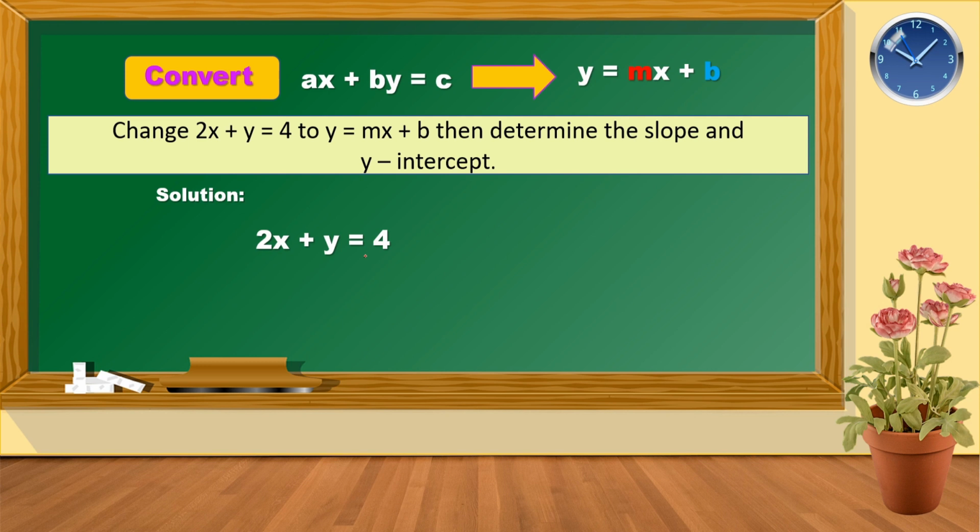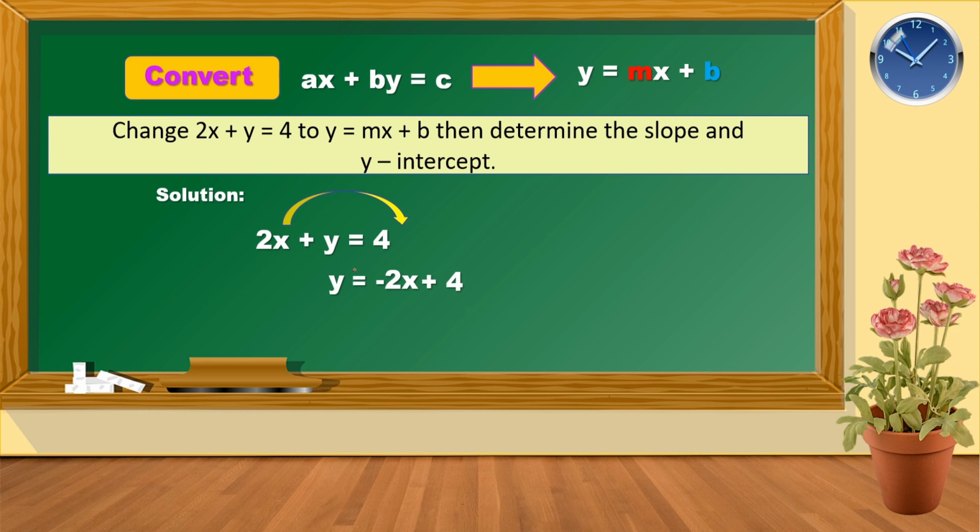Okay, for us to change this into slope-intercept form, y is equal to mx plus b, y should be here on the left side of the equation. And 2x should be transposed here on the other side of the equation. We will use the subtraction property of equality for us to have y equals negative 2x plus 4.